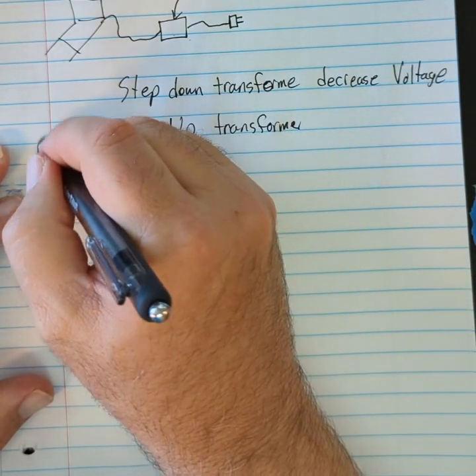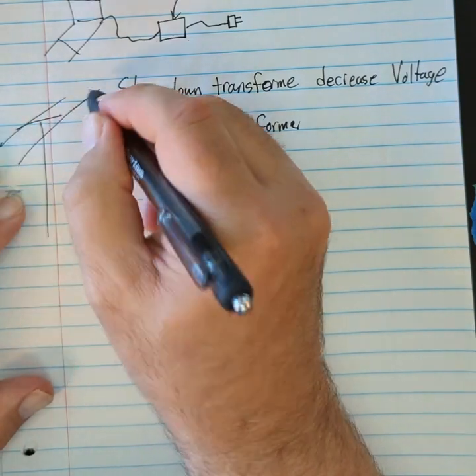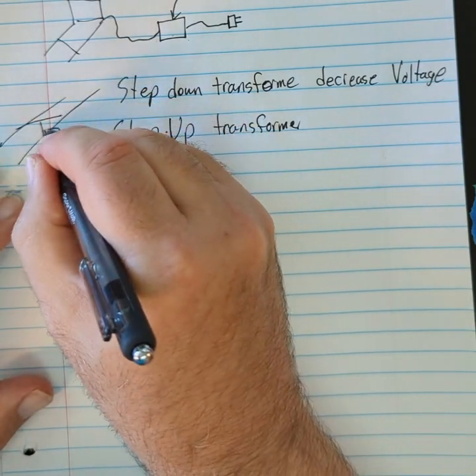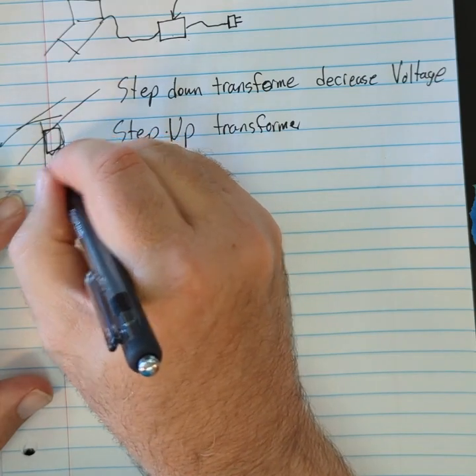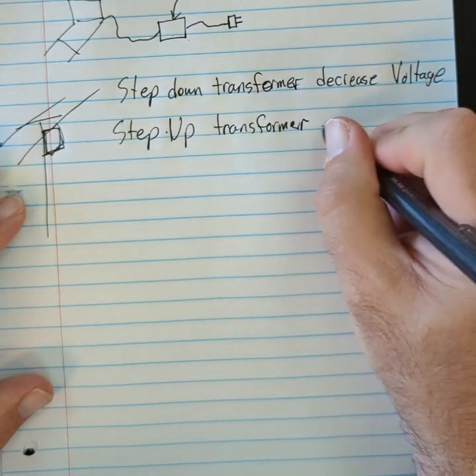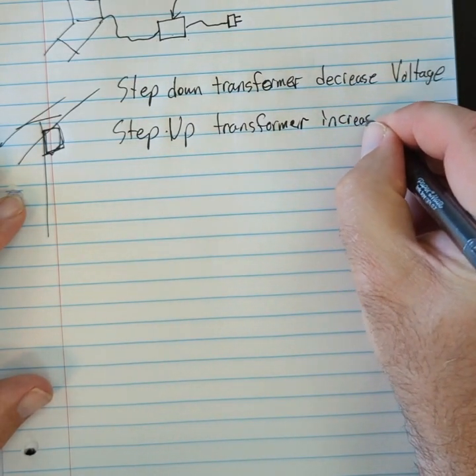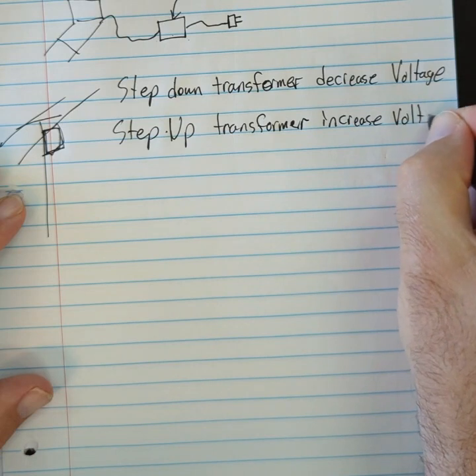So like if you ever see, like here's the power lines and it runs through like this, and then you see a big round thing on the side of it, that's the transformer. All right, a step down transformer decreases voltage, a step up transformer increases voltage.